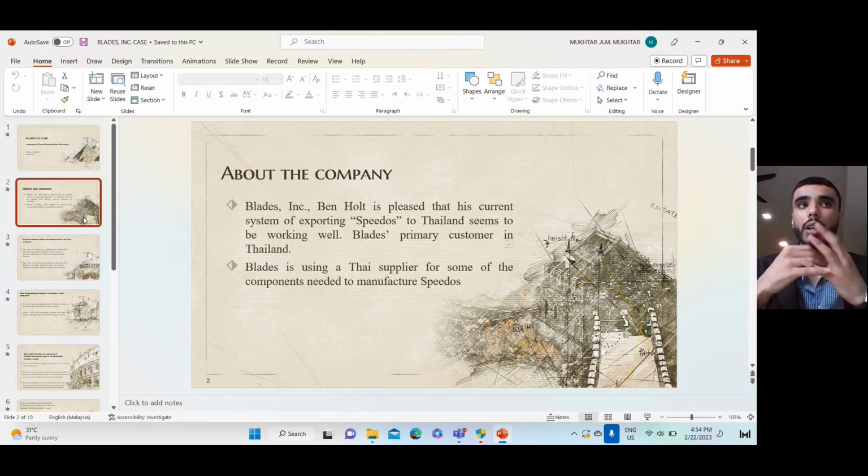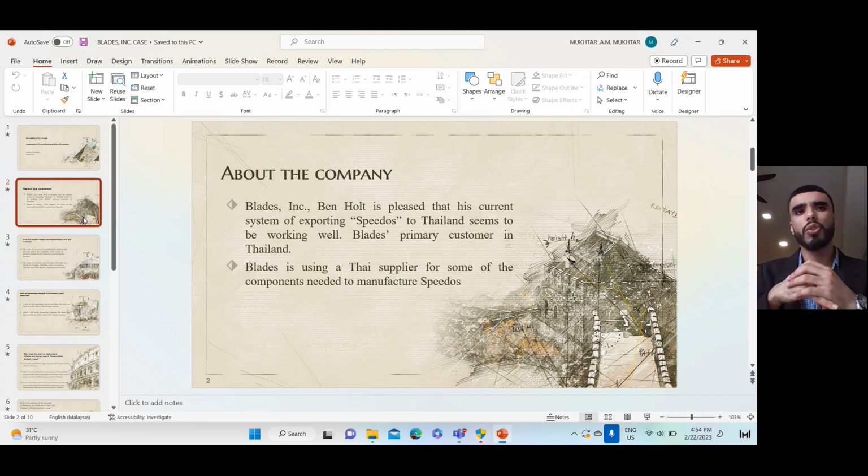So this company Blades exports Speedos from Thailand, and Speedos are like swim shorts in the clothing area. So he just imports them, brings them to the country and sells them. Blades is using a Thai supplier for some of the components needed to manufacture Speedos.